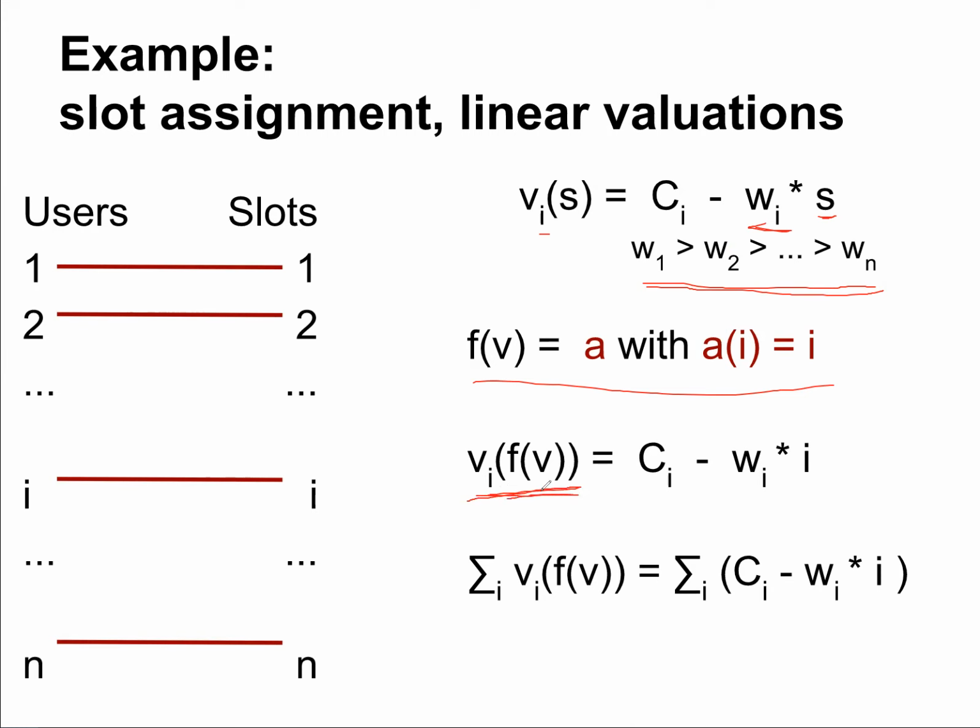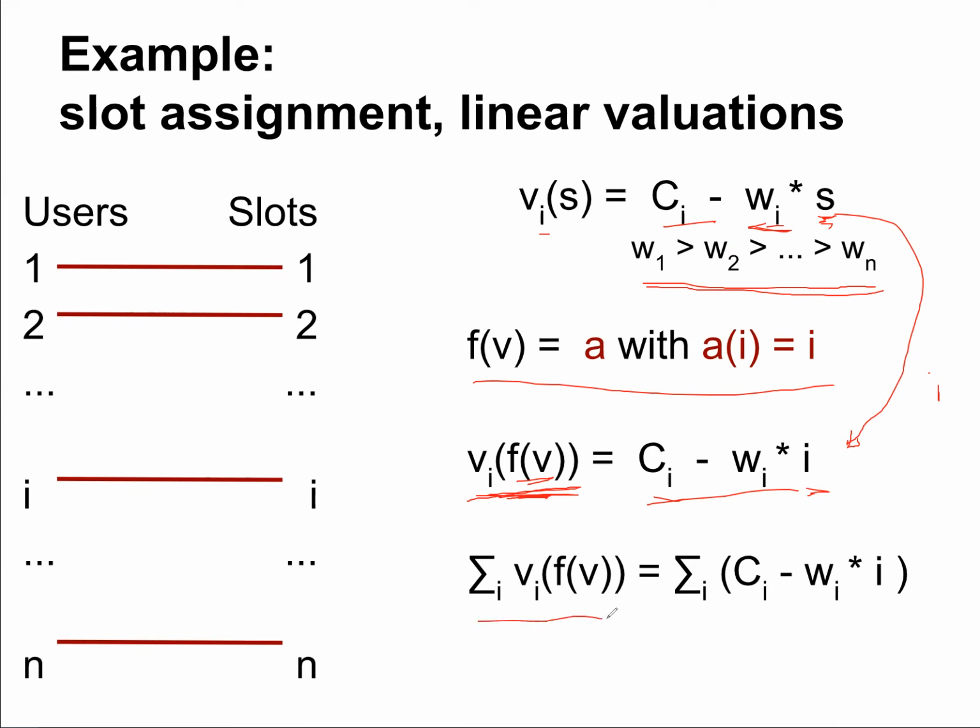So the valuation of the user I over this resource allocation. The users are completely selfish, rational, and envy-free. They only look at their own slot. They don't care about the slots of other users. So the valuation of user I, since user I gets slot I, is CI minus WI times I. This is how much the user has to wait.